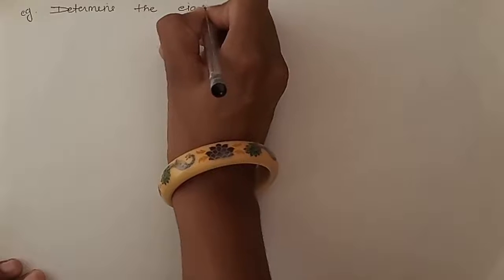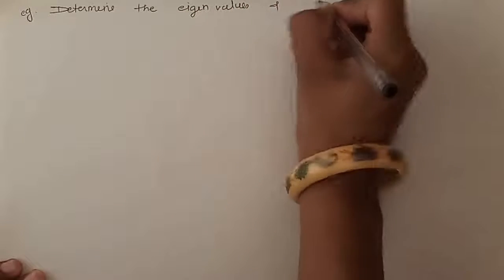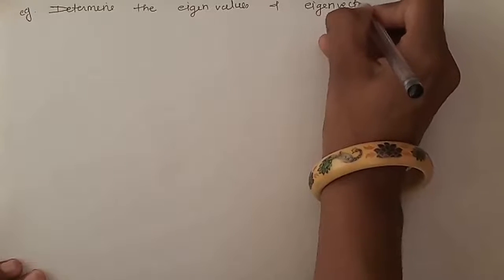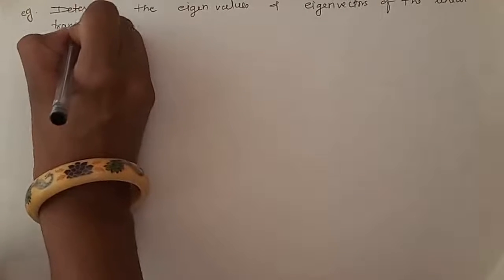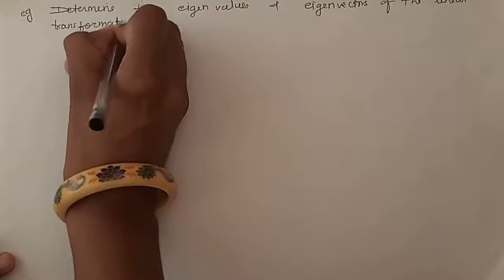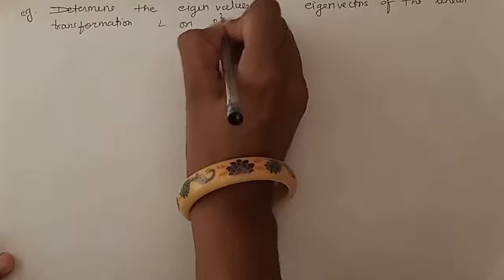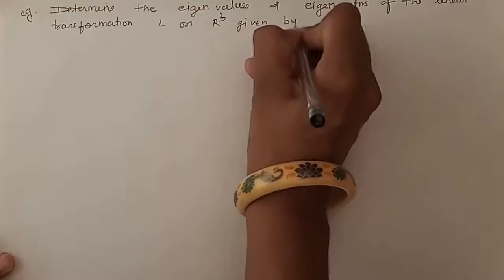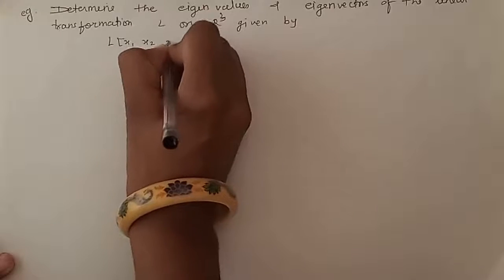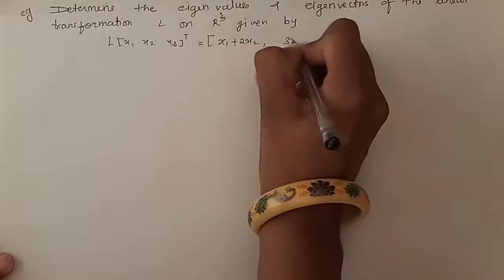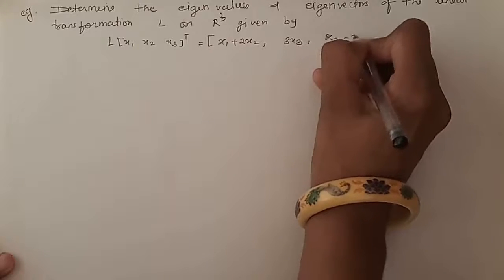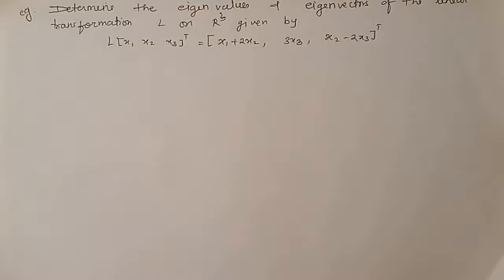So the first example is: determine the eigenvalue and eigenvector of the linear transformation L on R3 given by L of (x1, x2, x3) transpose is equal to (x1 plus 2x2, 3x3, x2 minus 2x3) transpose. So this is the question.